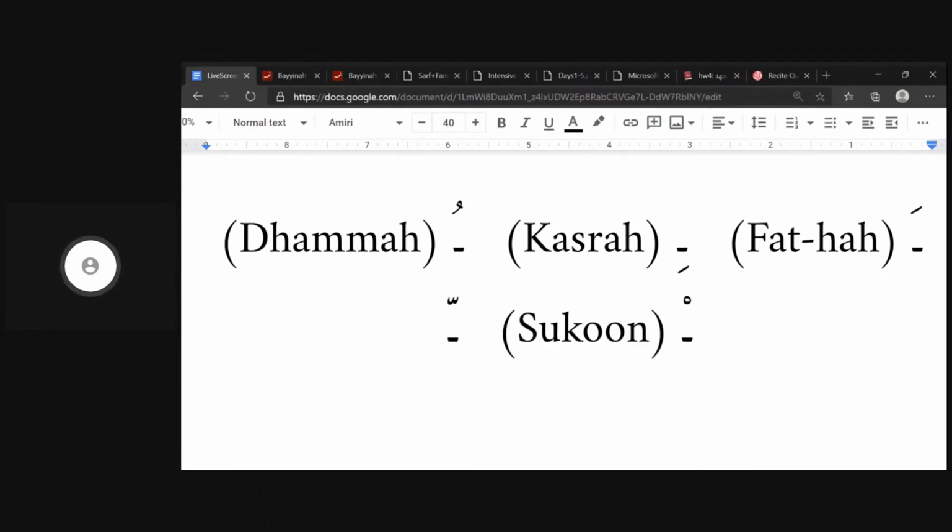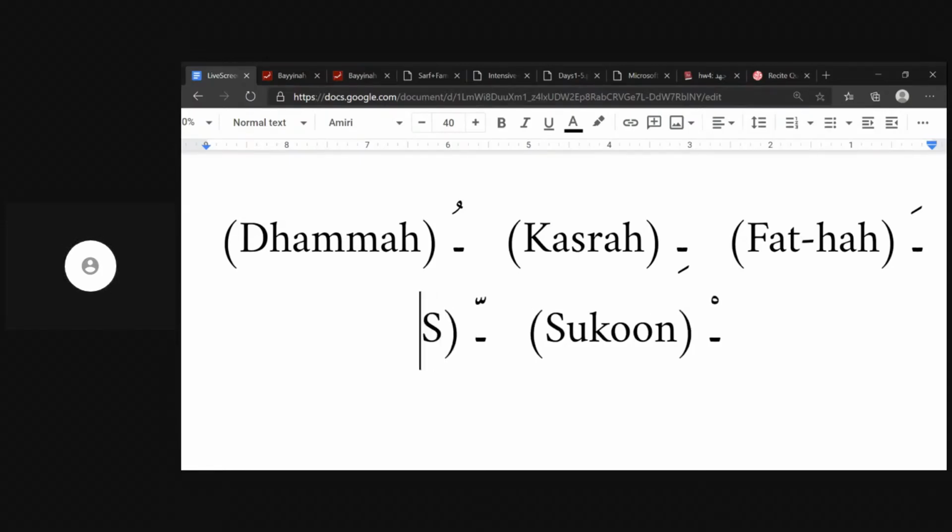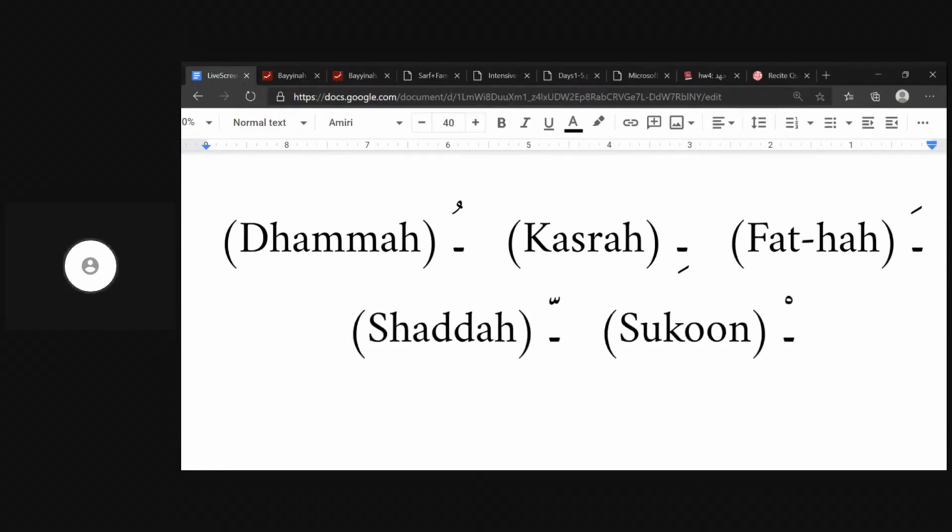There you go. These are all of the harakat with their names. Actually, I'll just put them on different lines. That'll be easier.